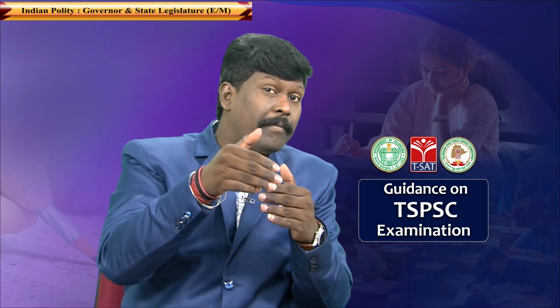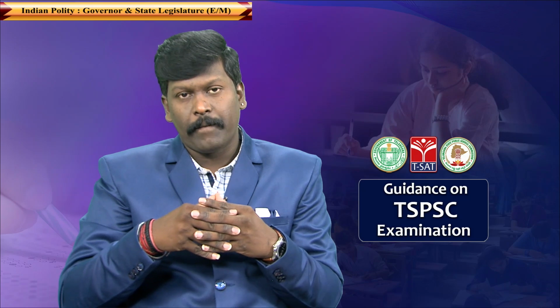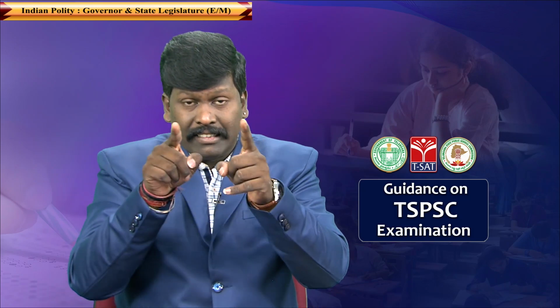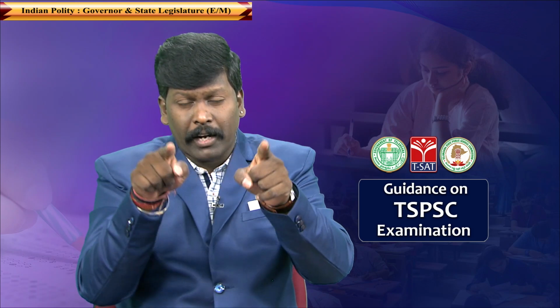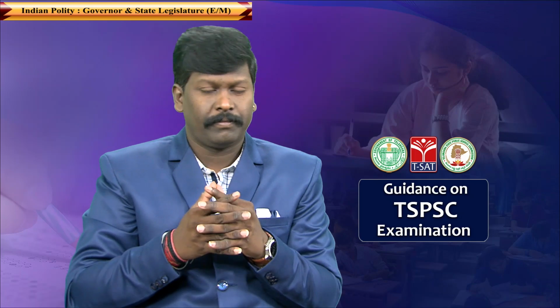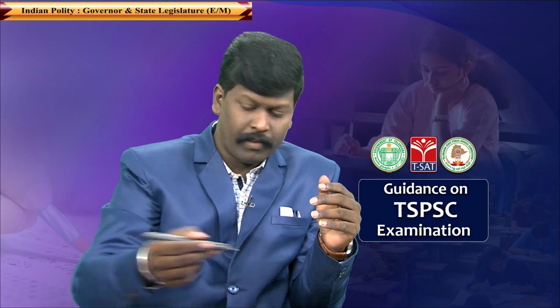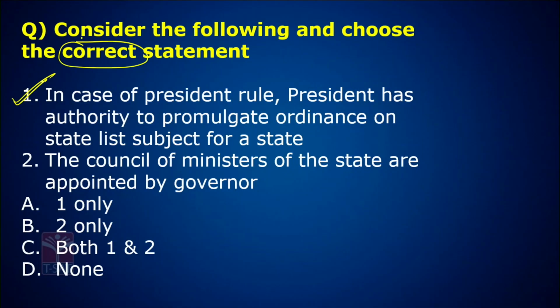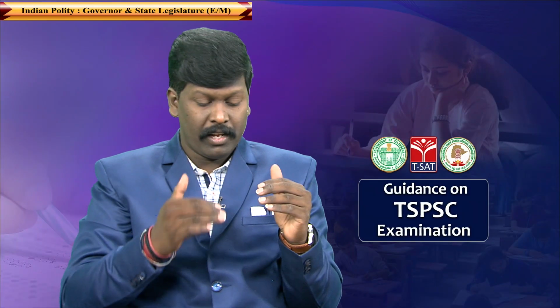But in case of the state emergency, the President has the right also to promulgate an ordinance on the subjects which are part of the state list. Very, very important. In case of the state emergency or President rule, the President has the authority to promulgate an ordinance on the state list subjects. This is your first statement. Look at the first statement.